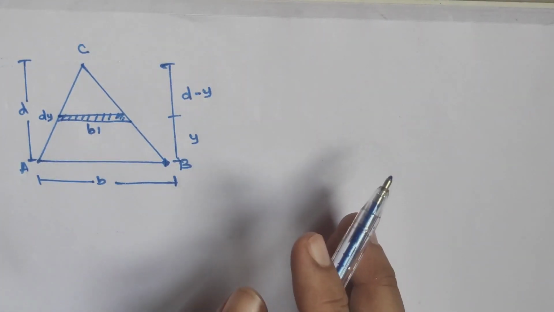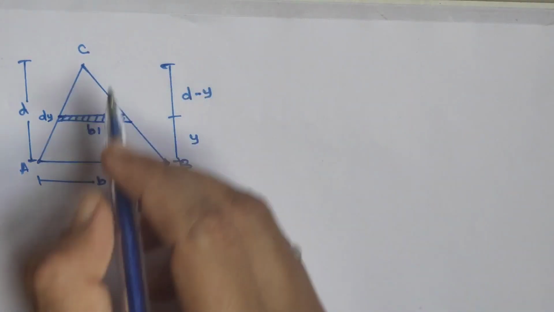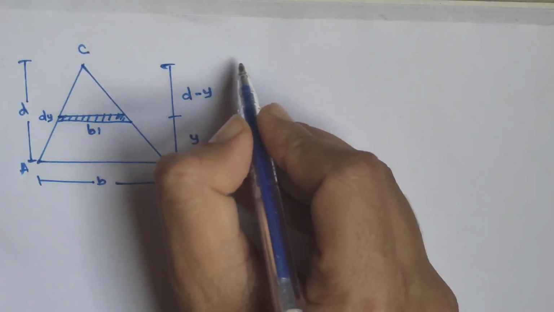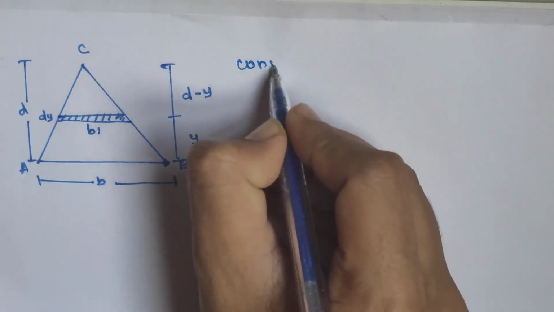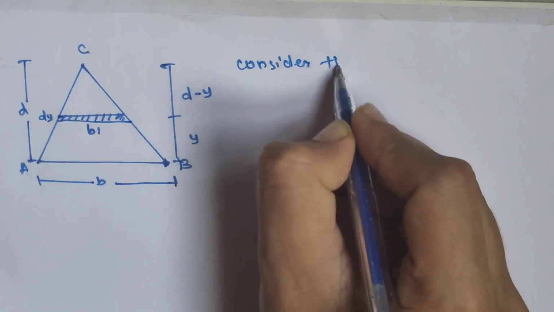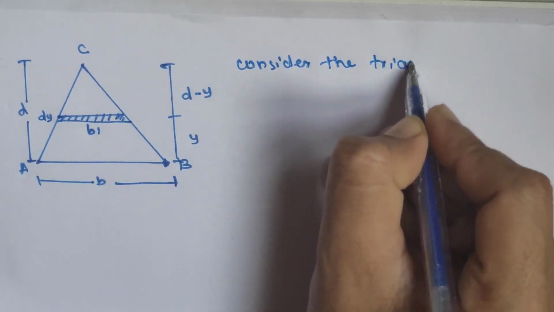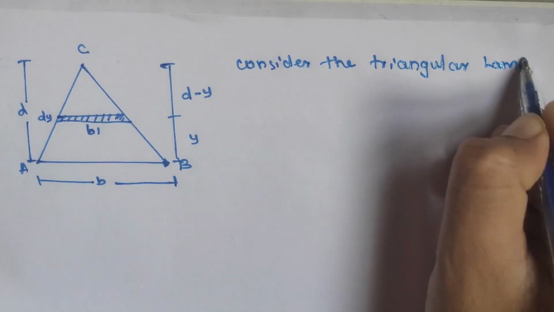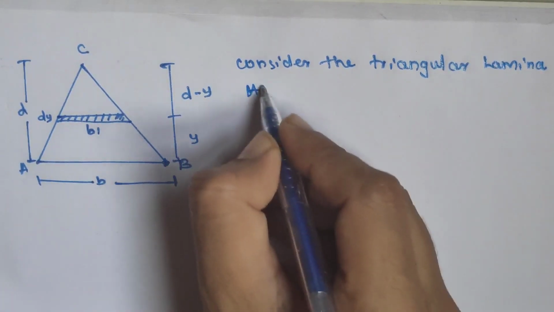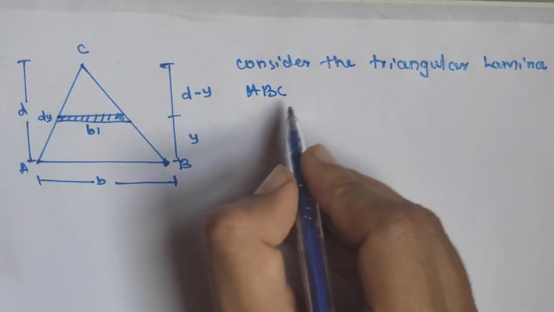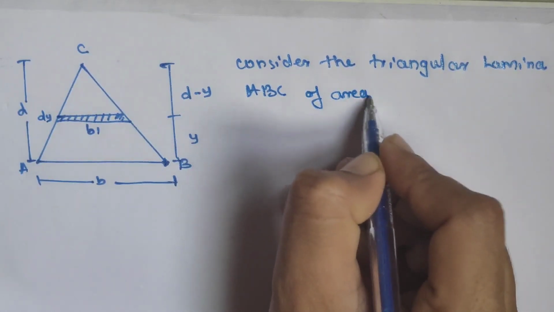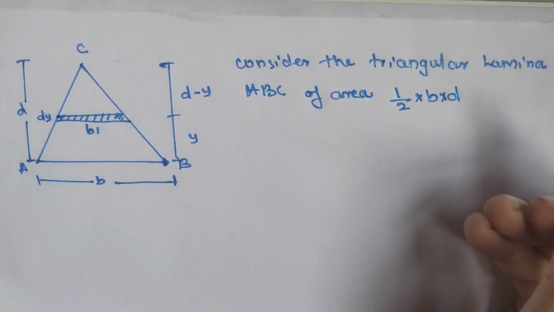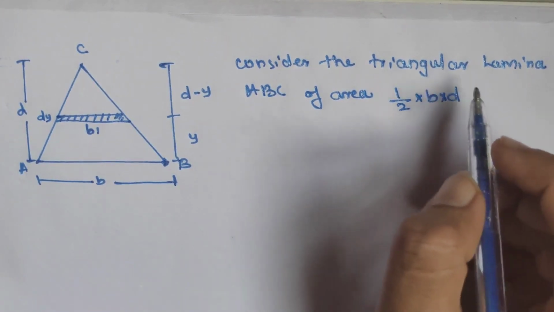Now first we will consider this triangular lamina ABC, of area half into breadth into depth, half BD.